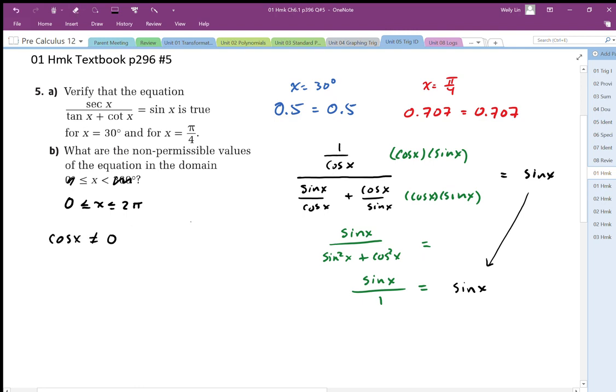Cosine is equal to 0 when the horizontal position is equal to 0, so pi over 2 and 3 pi over 2. In degrees, that's going to be 90 degrees and 270 degrees.